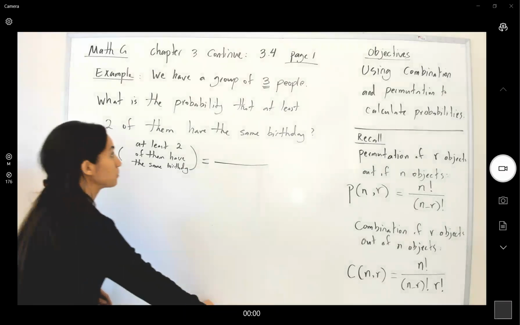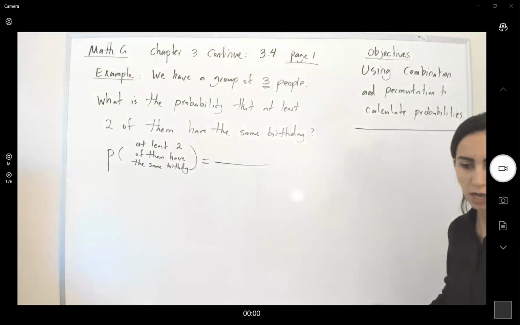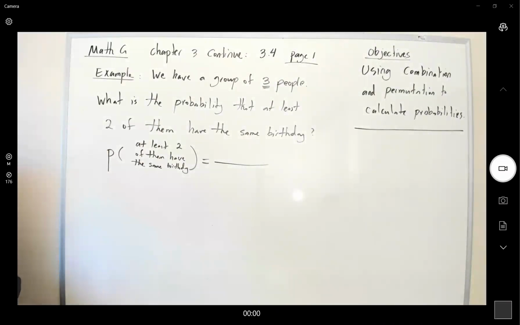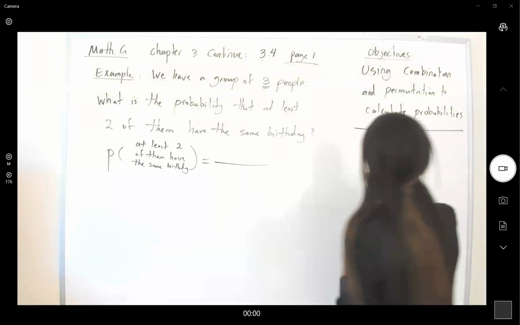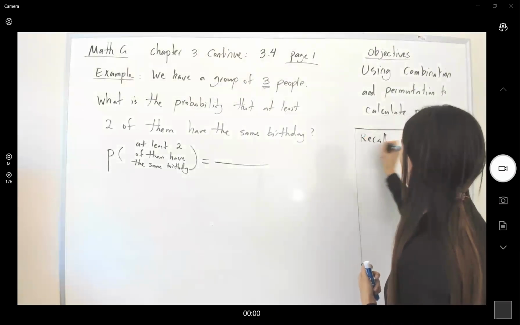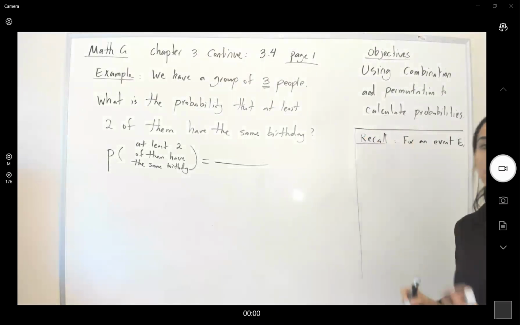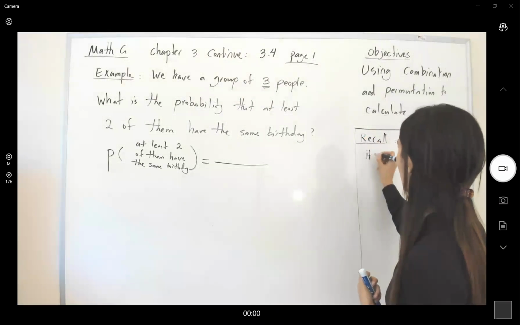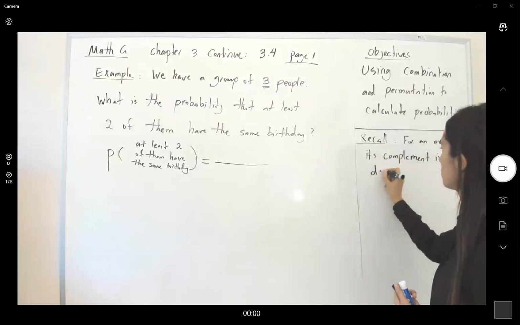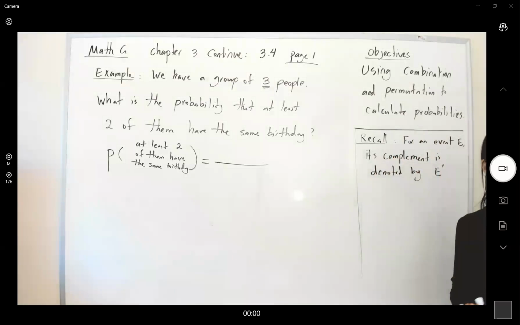Very good. So remember that for an event like E, its complement is denoted by E prime, E C, or E bar.